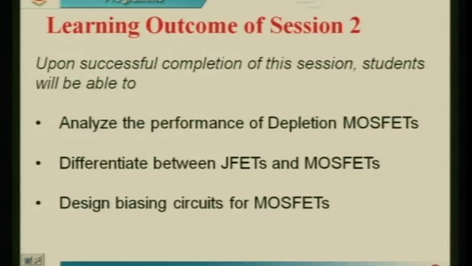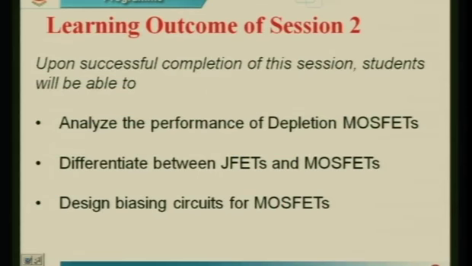Before we go to biasing, we'll see some topics. So before I can start, let us see what is the expectation of this session 2. Upon successful completion of this session, the students will be able to analyze the performance of depletion MOSFETs, differentiate between JFETs and MOSFETs.